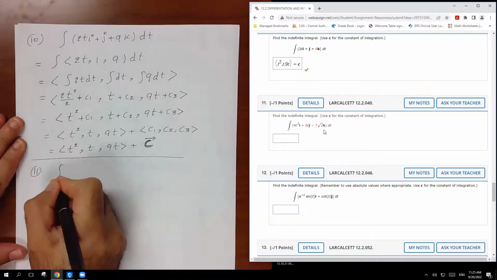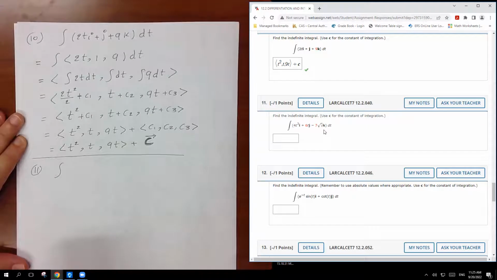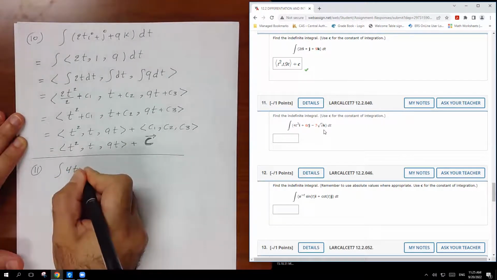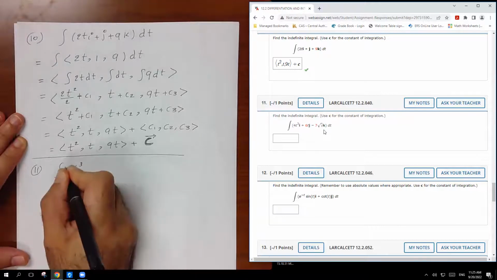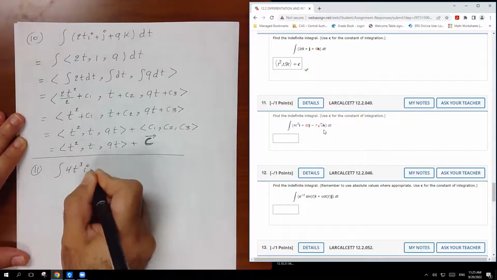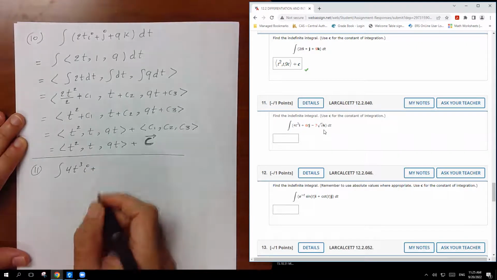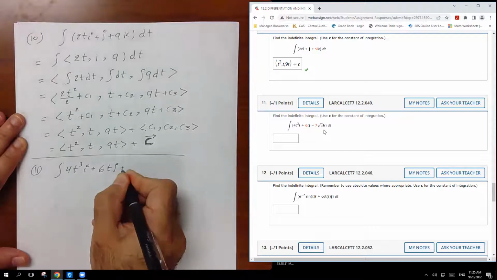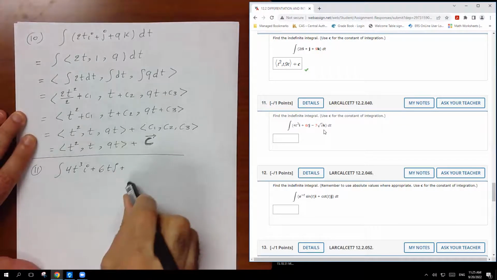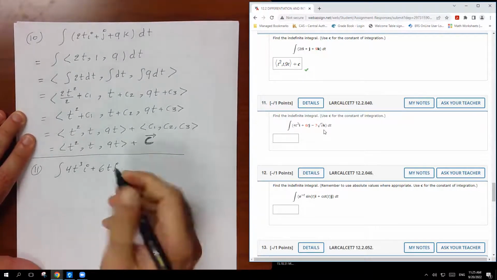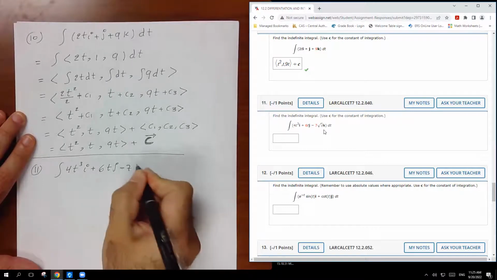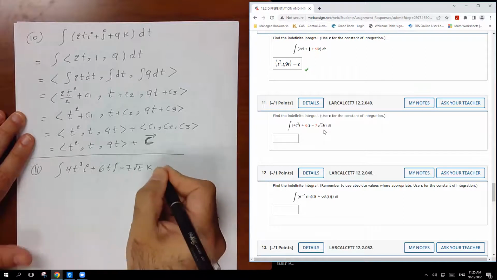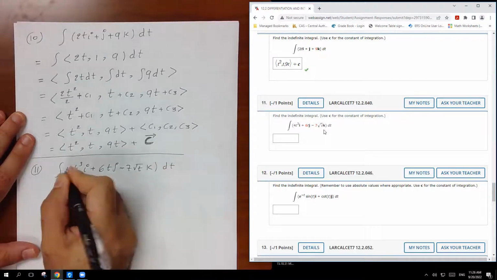It's going to be the integral of 4t cubed i plus 6t j minus 7 square root of t k, everything dt.